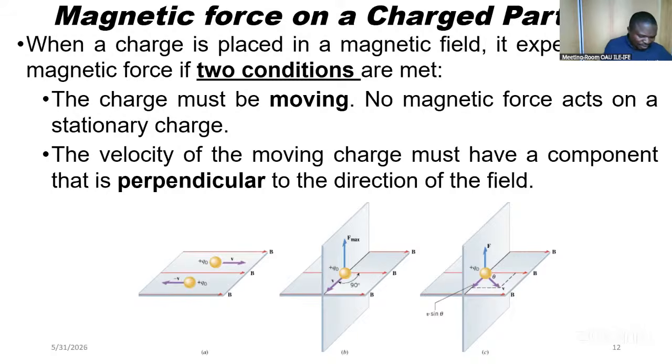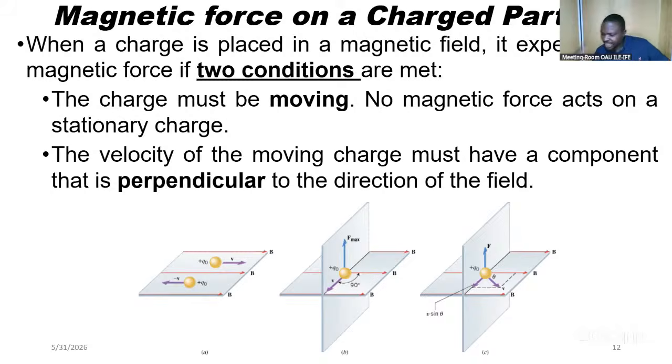When you're talking of physics, there are some things you need to understand here. You must know these two conditions. If they are not met, the charge placed in a magnetic field will not experience force. So for it to experience force, these two conditions must be met.